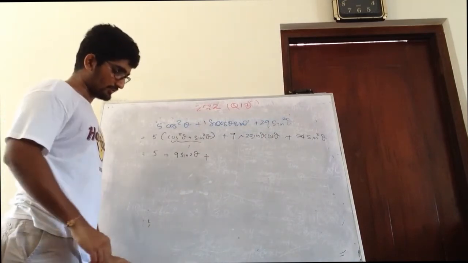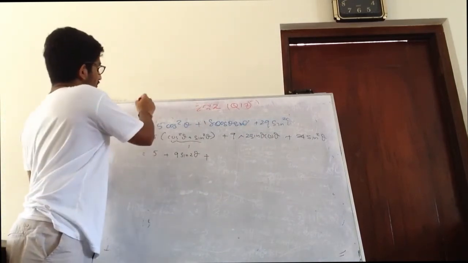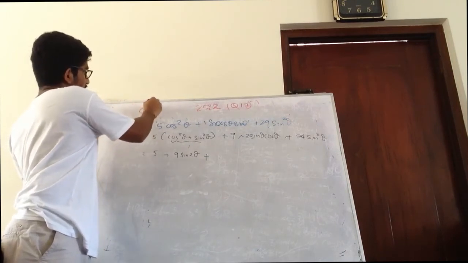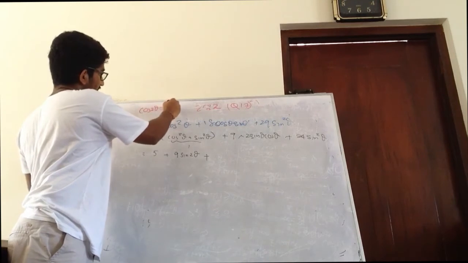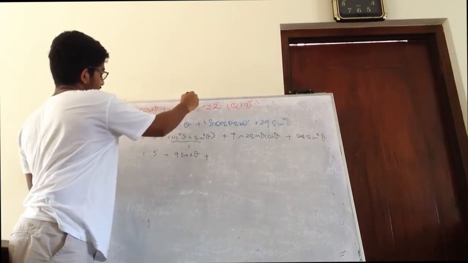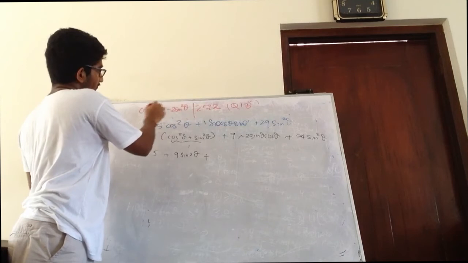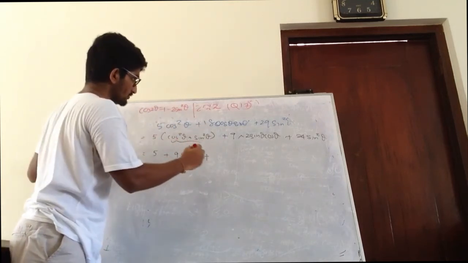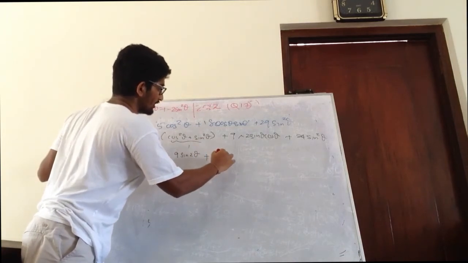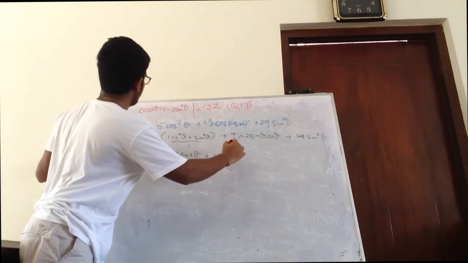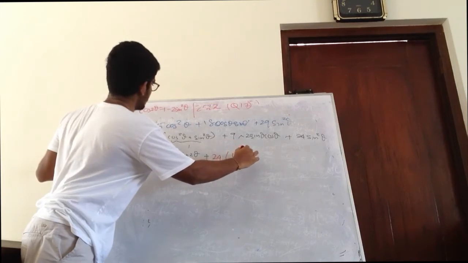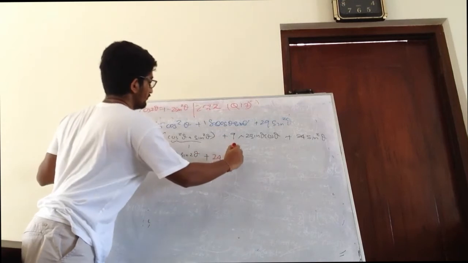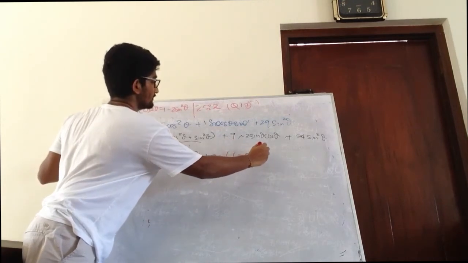Why is that? Because cos 2 theta I can write as 1 minus 2 sin square theta. That means sin square theta is 1 minus cos 2 theta over 2. The 24 is anyway there.